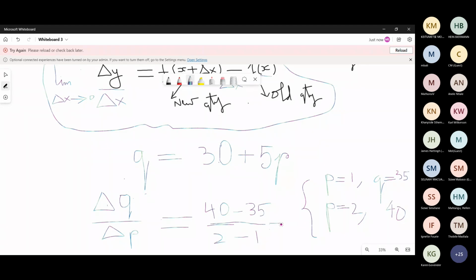This is constant. This is the rate of change in Q due to P.